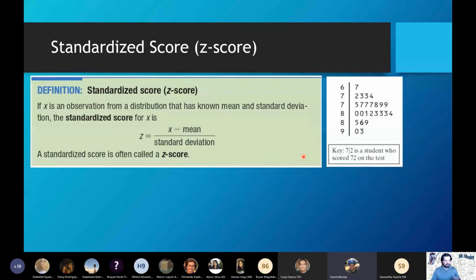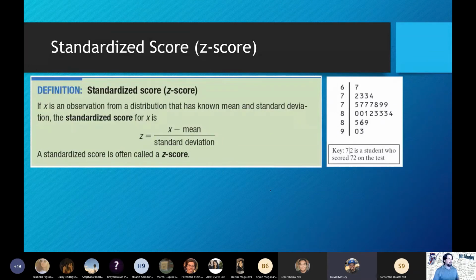So we're going to look at an example. We have our same set of data from the test scores of 25 students. And we need the mean and the standard deviation. Since I already did this in the last class, I already have this in my calculator.